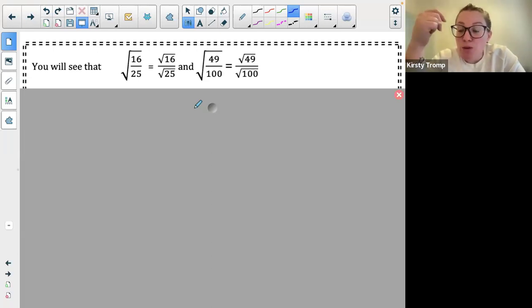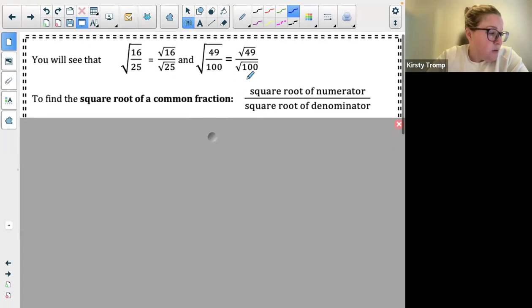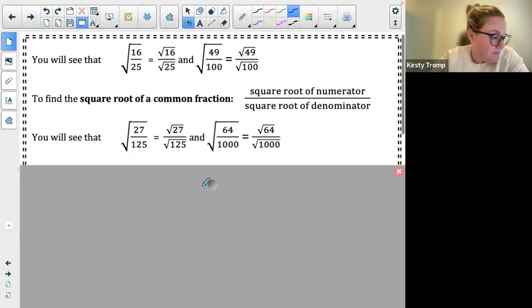So when we're square rooting fractions, we need to find the square root of both the numerator and the denominator. To find the square root of a common fraction, you need to square root the numerator and the denominator.